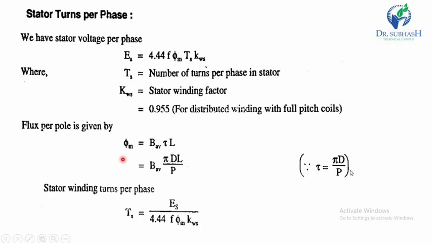So here tau is equal to pi d by P. Putting the value of pi d by P here, we get the value of phi m as BAV pi d l by P. Now the stator winding turns from the EMF equation we find out as Es by 4.44 f phi m kWs.